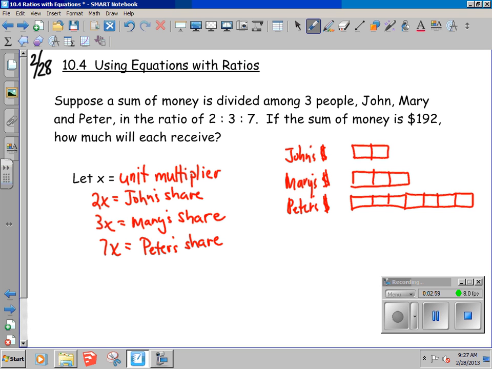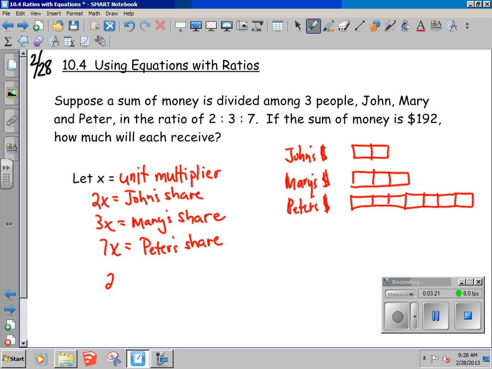Now, we can write an equation because there's some information given in this problem. What equation, before you simplify it at all, could go with this problem? Reading the whole thing again if you need to. What's a good equation? How did you get 12x? You added all of their shares together.